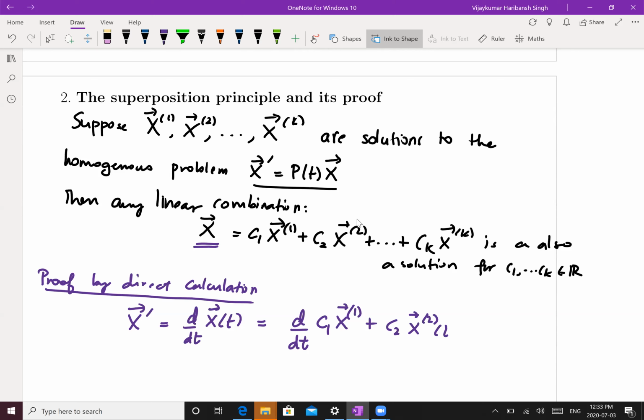I'll stop writing t, but it's understood that they are functions of t. There's no ambiguity in that.